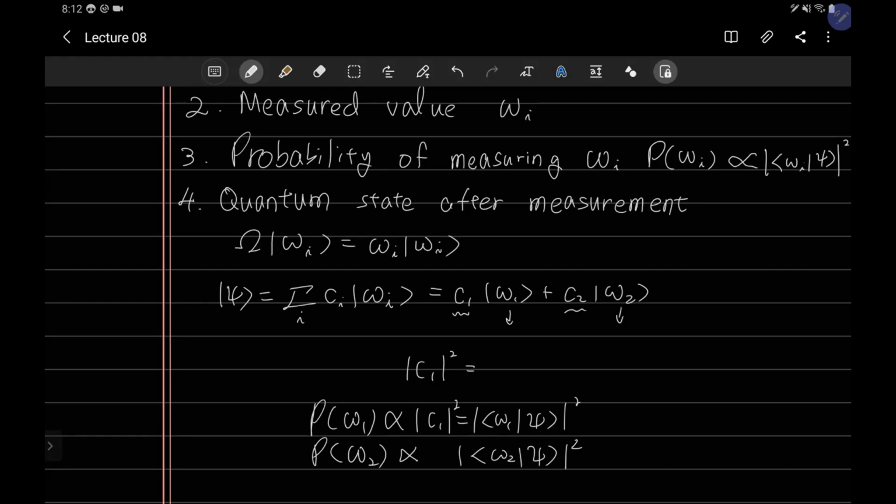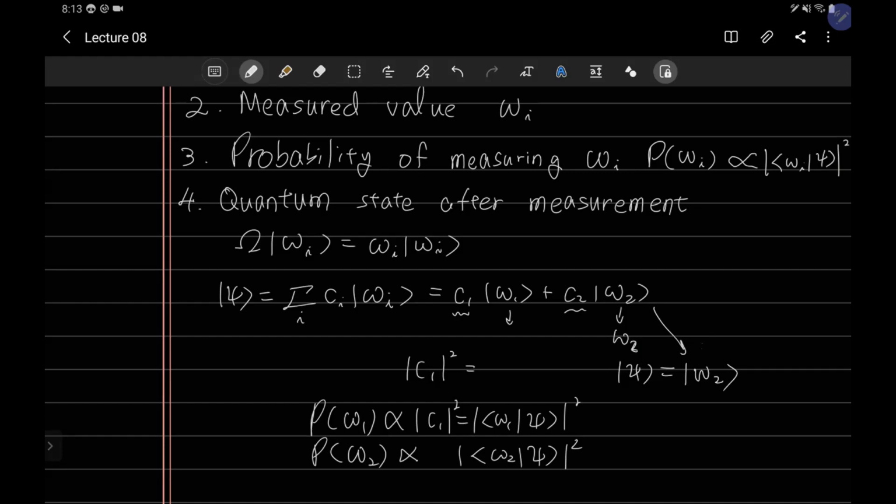Once we measure omega-2, right after that the quantum state will actually become omega-2 only. Then there is no chance that we will be able to measure omega-1. So before the first measurement it might be in the superposition state, but once the measurement is done, it will collapse into this one. People call it the collapse process, right after the measurement process.